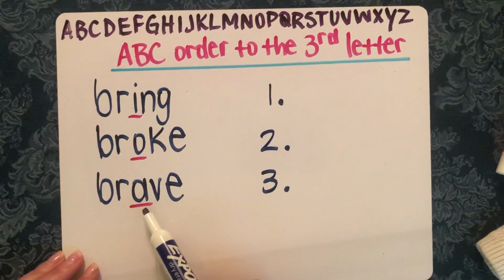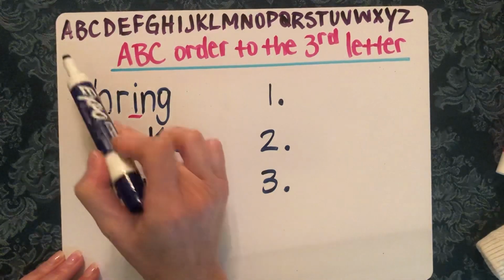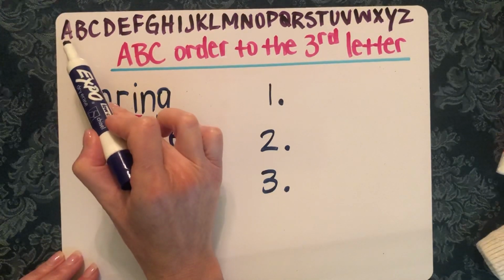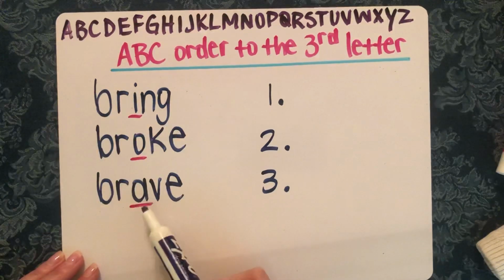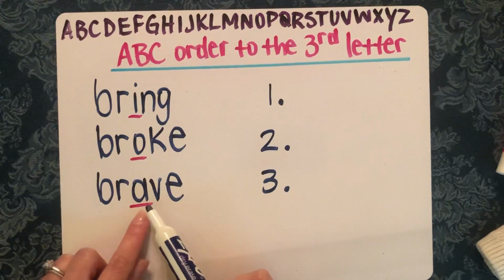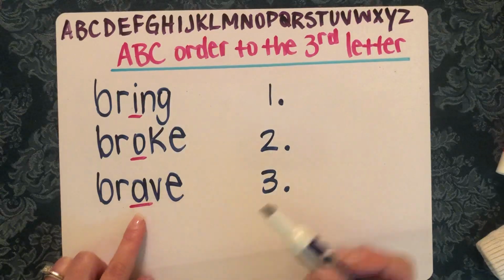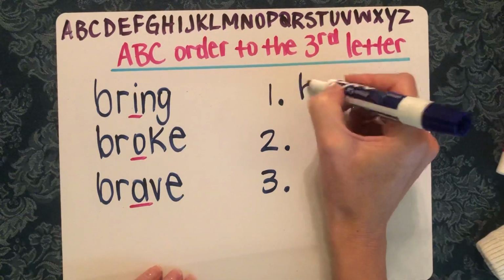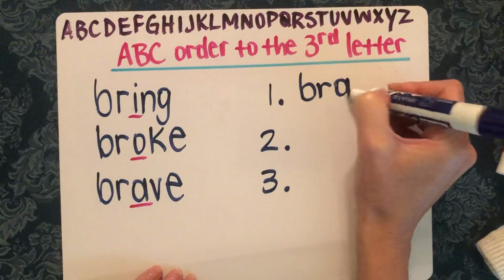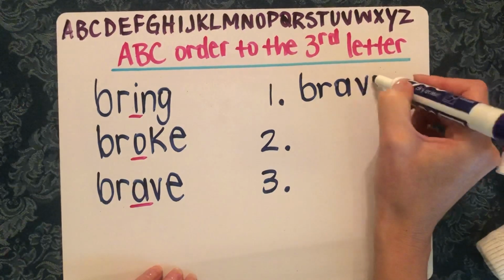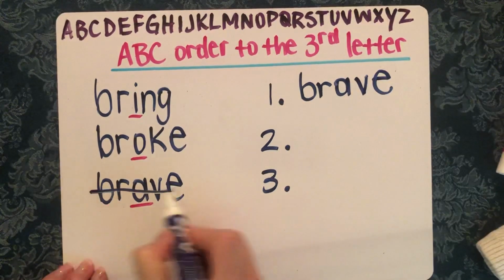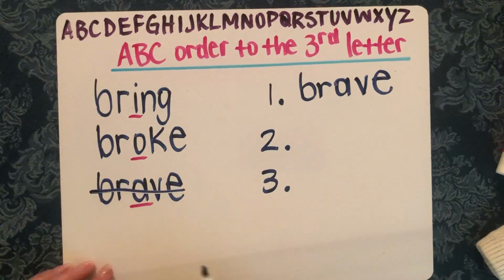Is it A? Let's look at our alphabet line. Okay, we can see that A comes first in ABC order. So our first word in ABC order is going to be brave because A is first. We write brave as our first word, and then I'm going to cross it out because we're no longer using it.